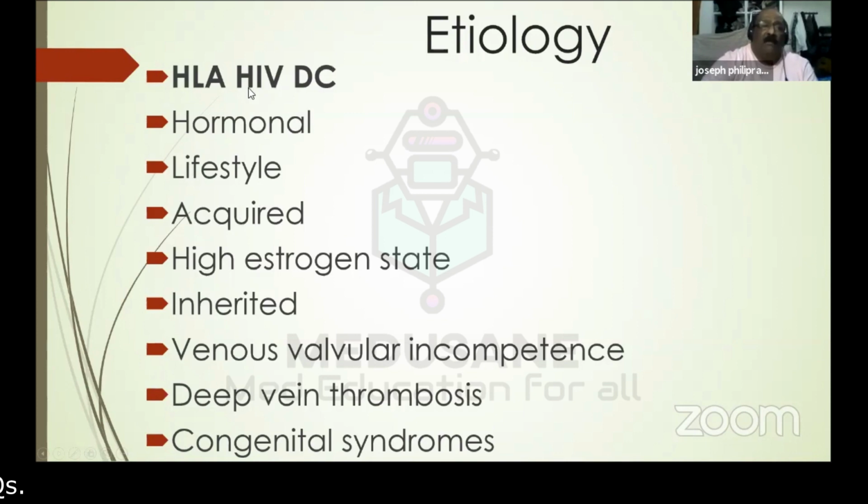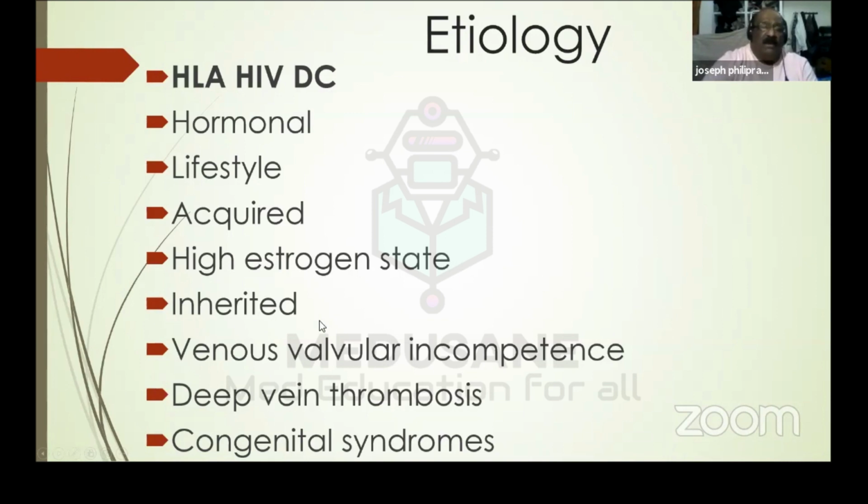Now, the second part of the mnemonic, HIV: high estrogen status. This happens in pregnancy, and these patients are more prone to develop varicose veins. It can be a hormone-producing ovarian tumor. Because of the hormone as well as the size of the tumor, it can compress the abdominal vein, and that can manifest with varicose veins.